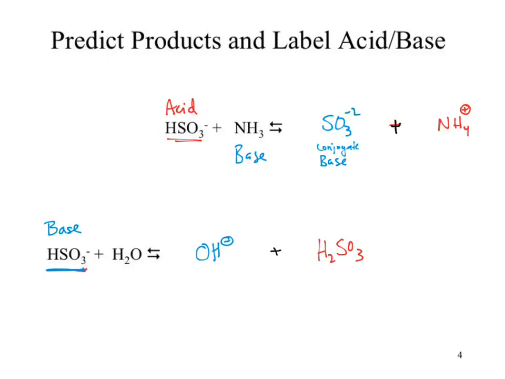Our ammonium will be our conjugate acid. How do we know that? It's a proton donor. So what we can do is look at the reverse reaction. Okay, to go from NH4 to its conjugate partner, the NH3, what has to happen?